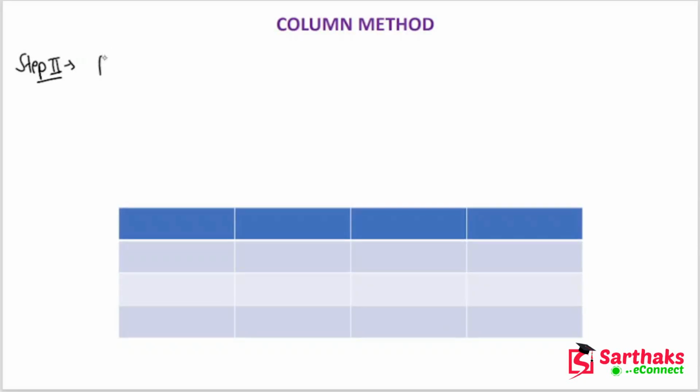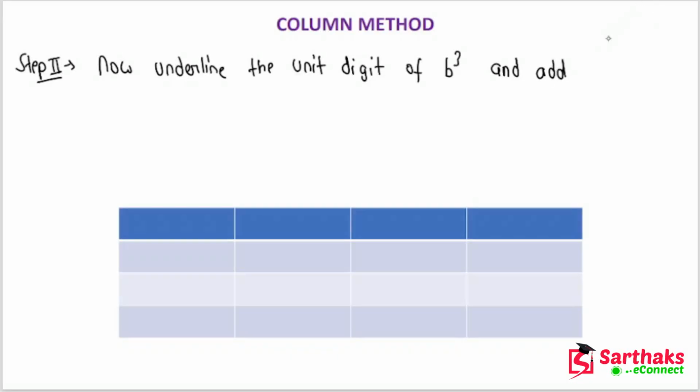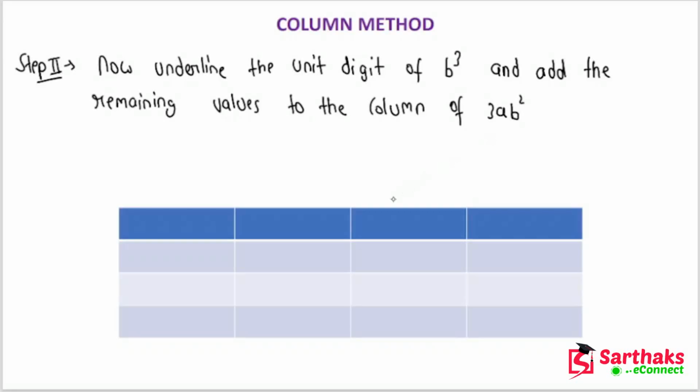So step 2 says that now underline the unit digit of b cube and add the remaining values to the column of 3ab square, right?